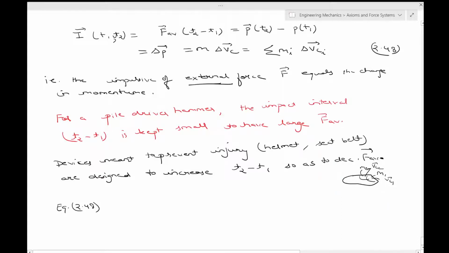So this equation 2.48 holds for Cartesian coordinates, as ax is equal to vx dot, ay equal to vy dot, and az equal to vz dot.